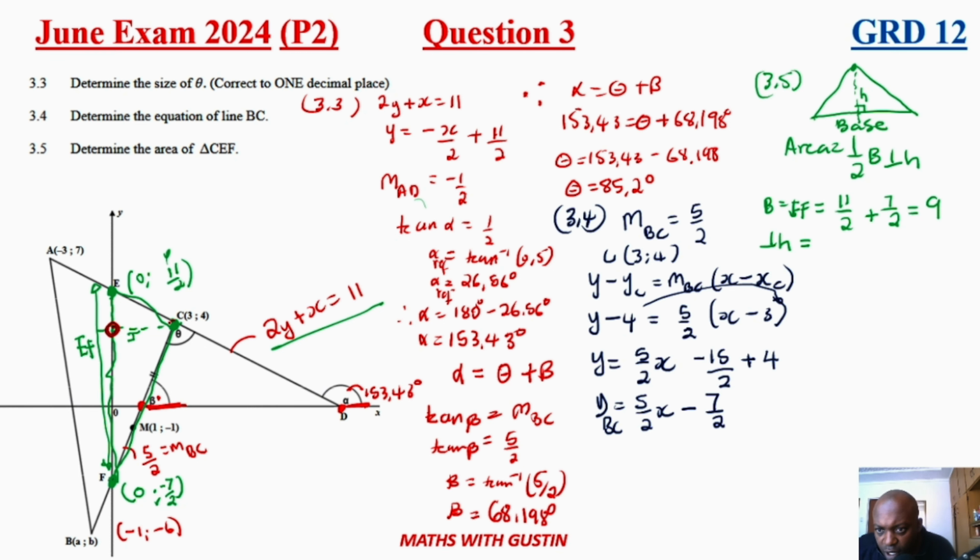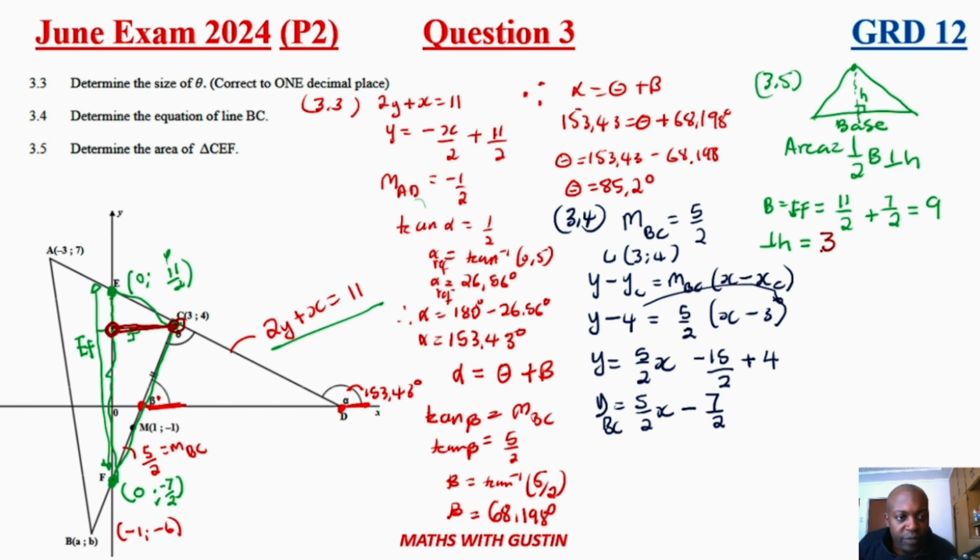From here to here, this is your perpendicular height. You are just moving from the y-axis to vertex C. This will give us 3 because the x value there is 3. The y value doesn't change, it remains as 4.